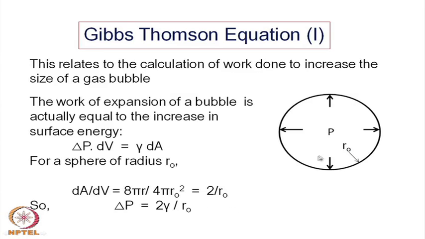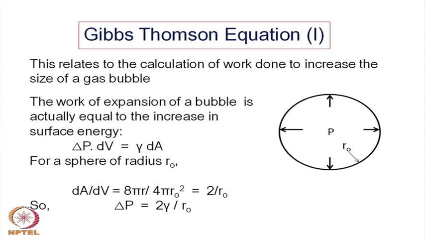This is a gas bubble, and this is the surface of the gas bubble, basically a film which is trying to grow because there is a pressure generated. Because of the pressure generated, it is giving an isostatic pressure in all directions, and the bubble is growing.